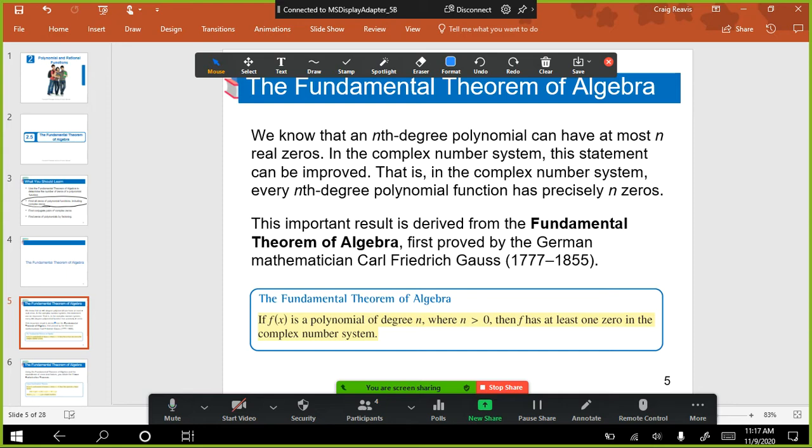All right. Which, if you're interested in history, was first proven by the German mathematician Carl Friedrich Gauss, who died in 1855.